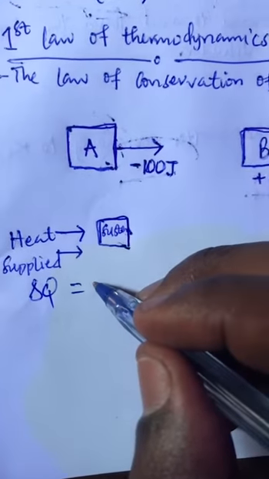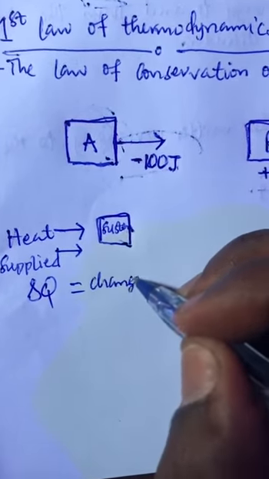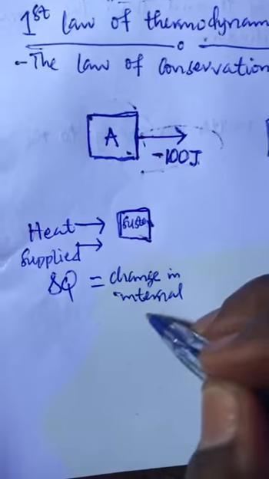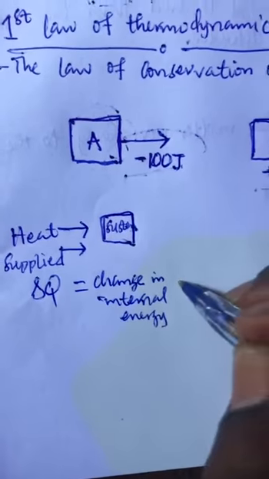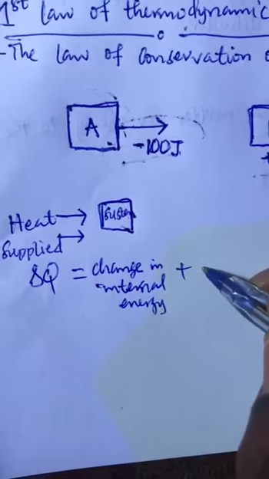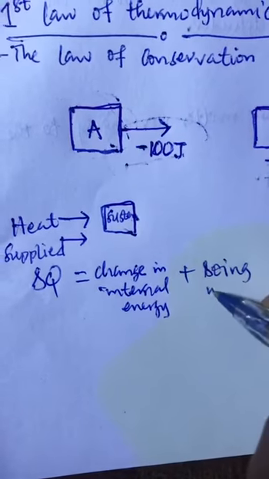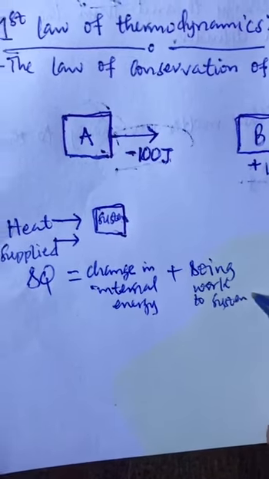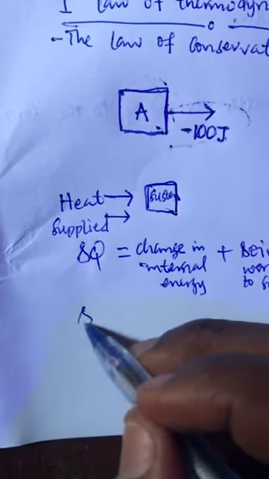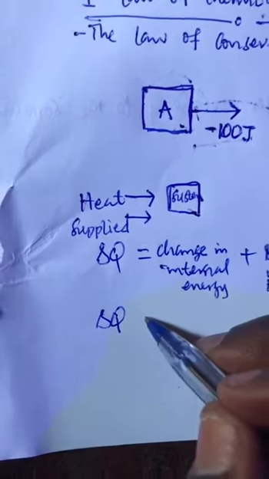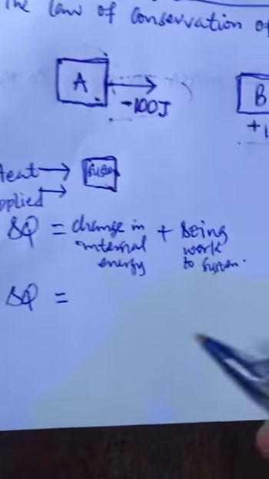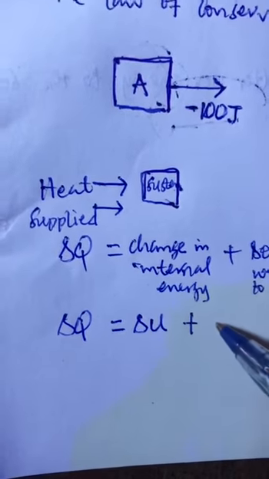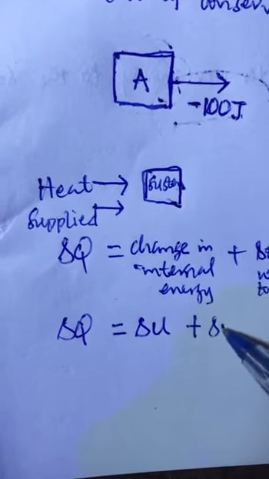Therefore, the heat you supply will be changing the internal energy of that system, and also doing work. So the heat you supply, which is Q, is equal to the change in internal energy, which is denoted by U, plus the work done.